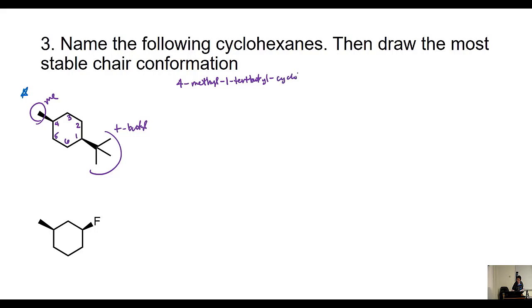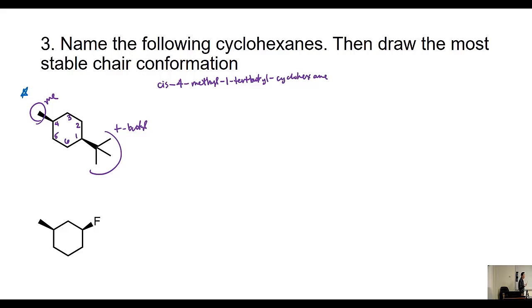Cyclohexane. And is it cis or trans? Cis. Always remember cis or trans. I actually keep forgetting when I do this, so keep that in mind. It only matters when you have these ring formations with the cis or trans, or when you get to alkenes, it matters.